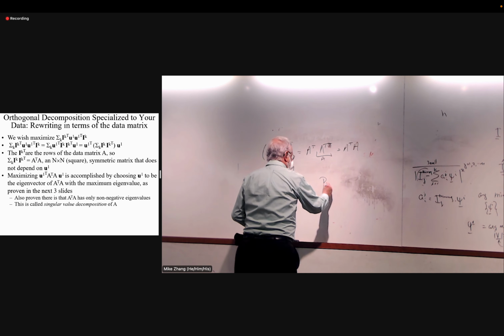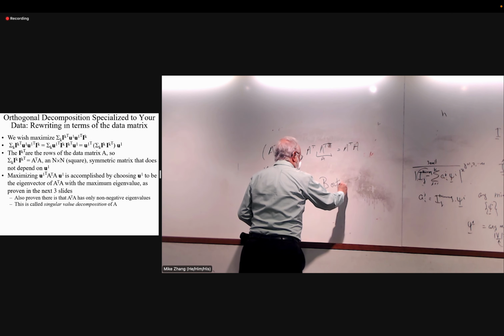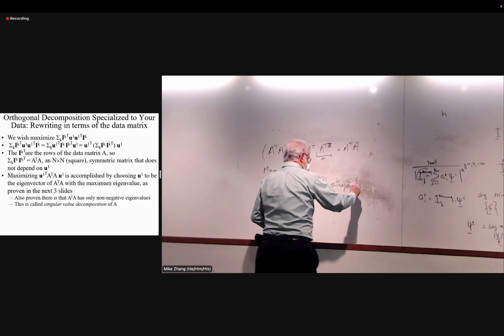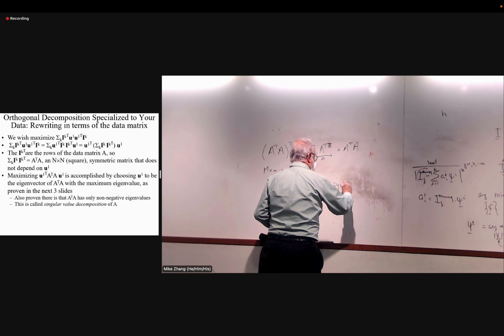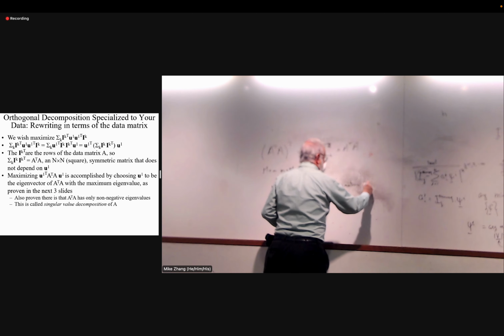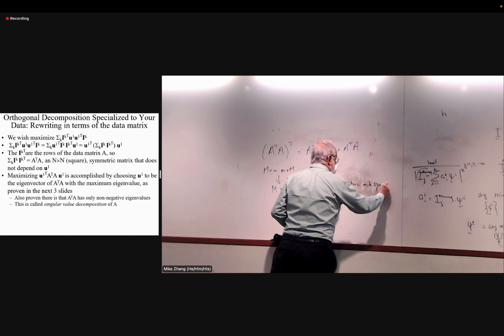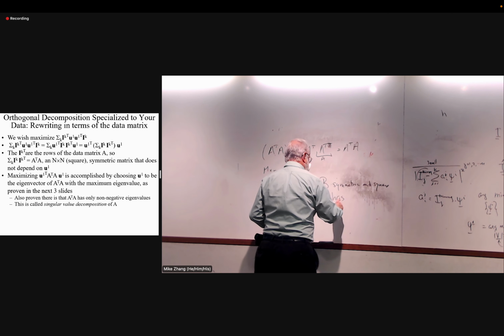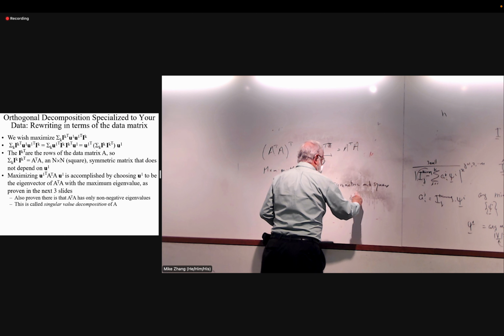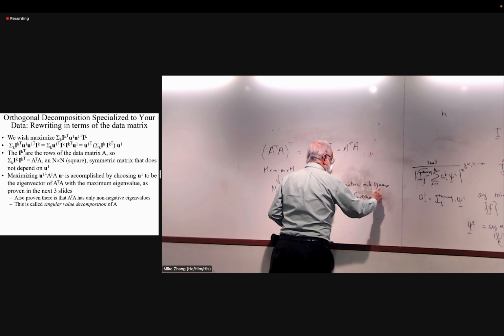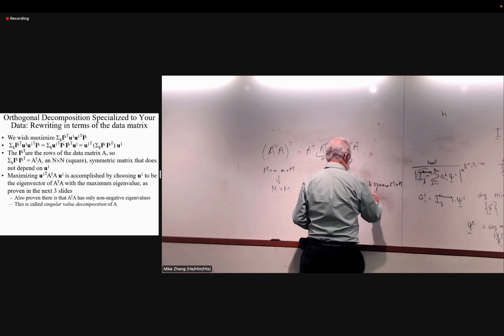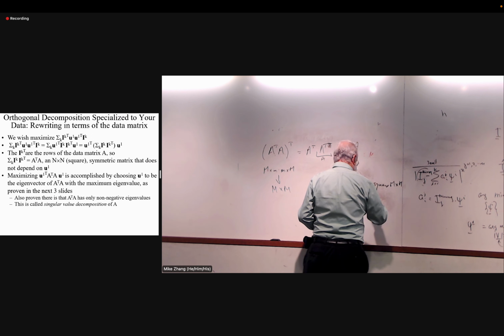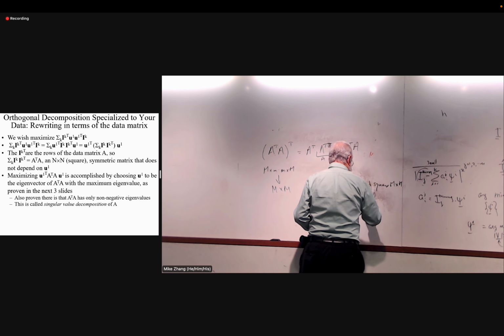Okay, so any square M by M matrix B that is symmetric has orthogonal eigenvectors, and they're real as well.